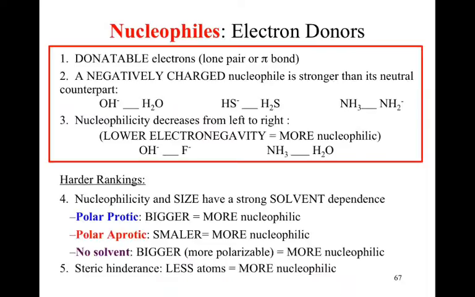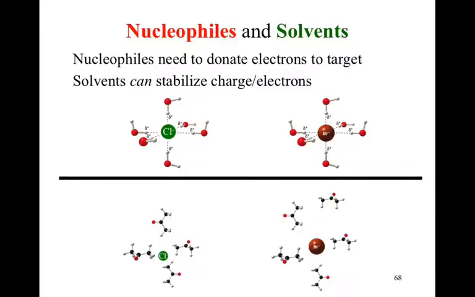So let's again go back. In our protic environment, bigger, more nucleophilic; aprotic, smaller. So if we take a look at our solvent here, we're looking at our protic in this case, and our aprotic here. So we've summarized our rule behind this, and we want to see what happens in each of these cases. When we're looking at a protic solvent, it's really less about size and more about electronegativity.